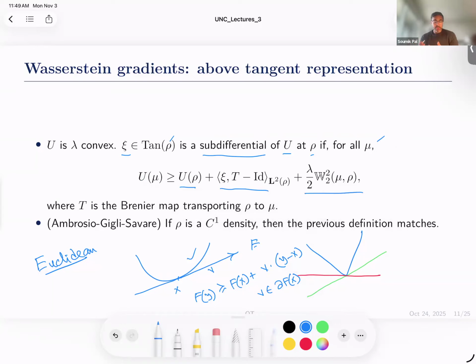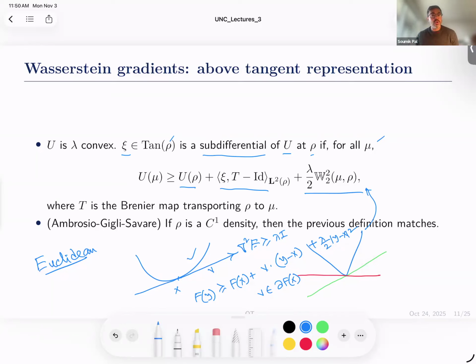Where is the second order lower bound coming from? Well, if I also assume that the Hessian of f is actually bounded below by lambda times identity, then my second order Taylor approximation will give me a bound of lambda over 2 times the norm of y minus x squared. And so this would inspire the following definition. If I do my second order Taylor approximation, I will get the Hessian of f. The Hessian of f is bounded by lambda times identity.